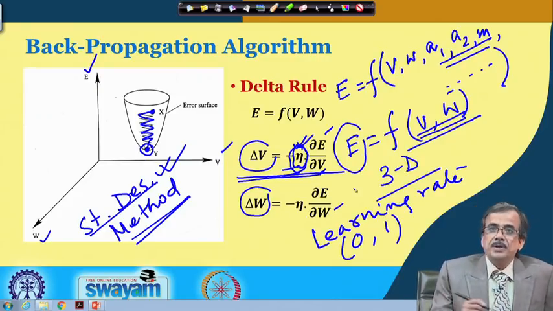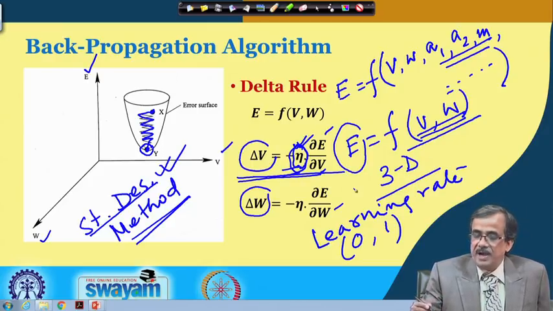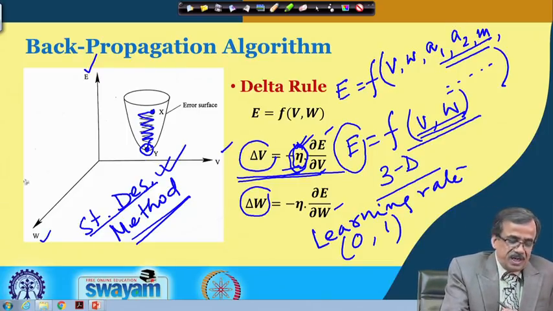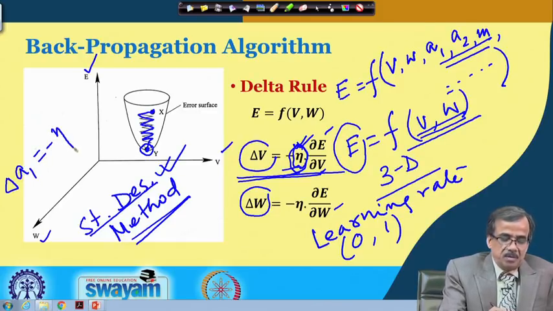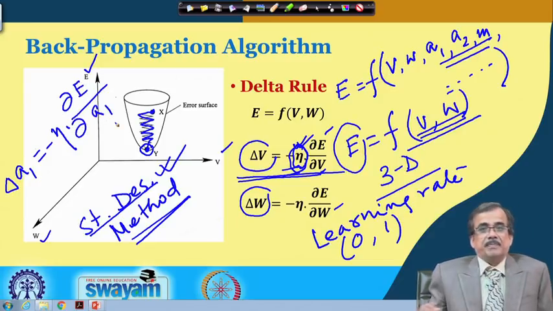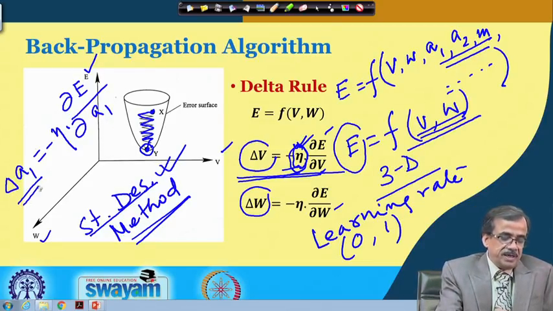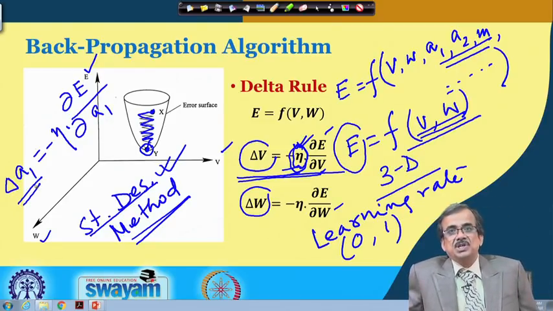Similarly, if I want to find the updated values for the coefficients A1 and A2, I have to find the change in A1, which is nothing but minus eta times the partial derivative of error with respect to A1. Similarly, I can also find the small change in A2.